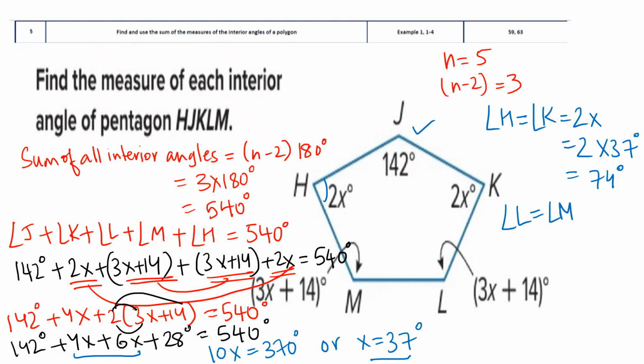This is 3x plus 14. So plug in, substitute the value of x. So 3 times 37 degrees plus 14, this is going to give me, use your calculator, 88 degrees. So this is how we find the measure of each interior angle of the pentagon HJKLM.